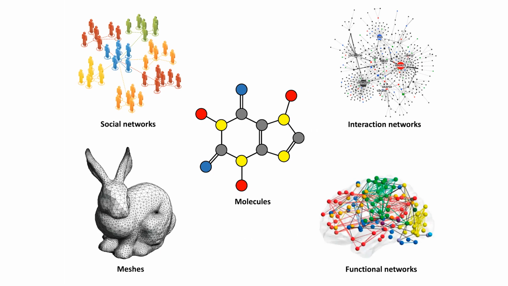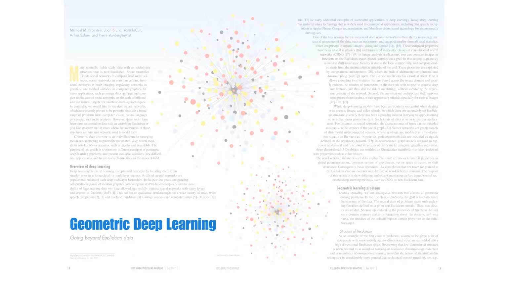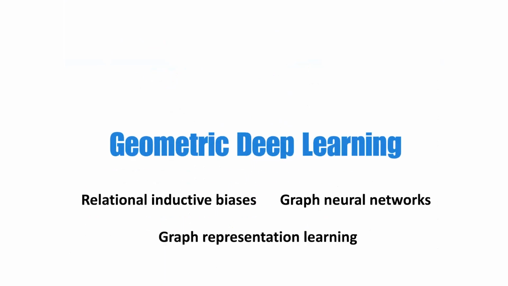So geometric deep learning is an umbrella term for deep neural network architectures that incorporate geometric inductive biases. The term comes from a paper that I co-authored a few years ago, and there are other terms that are used in the machine learning community, such as relational inductive biases, graph neural networks, and graph representation learning.